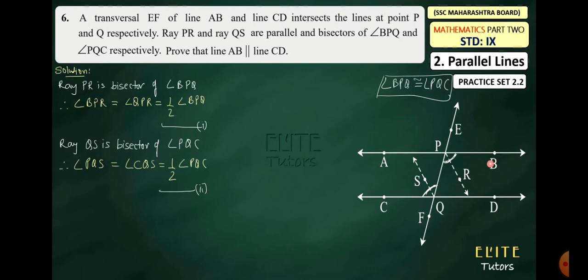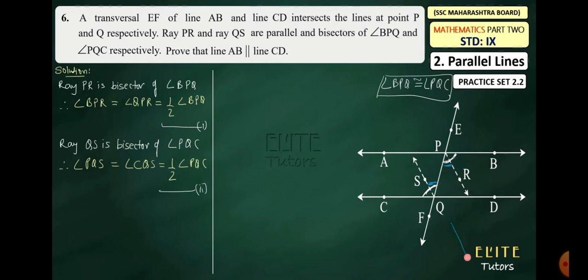We have two rays. These two rays are parallel to each other and are bisectors also. Bisector means divides into two equal parts. So we can take BPR equals QPR equals half of BPQ as 1, and PQS equals CQS equals half of PQC as the second.